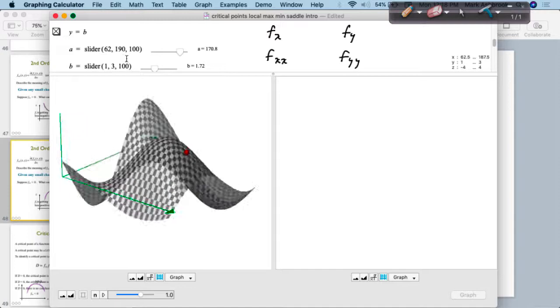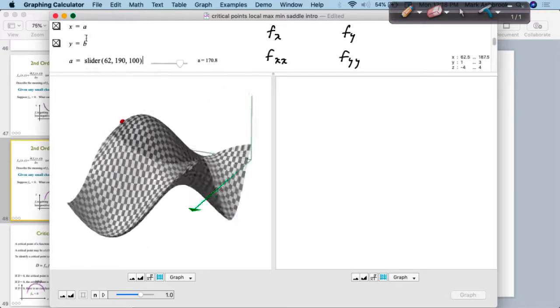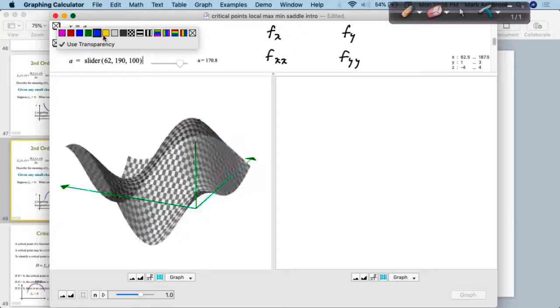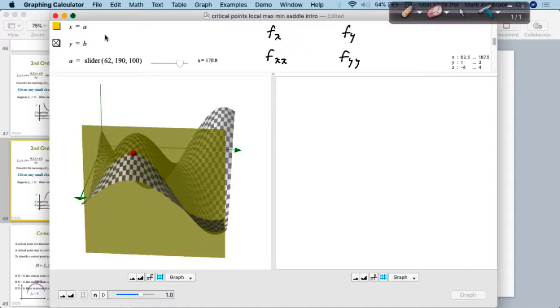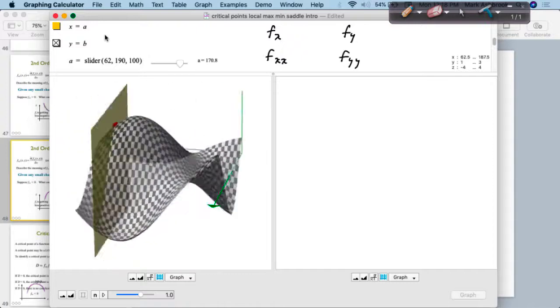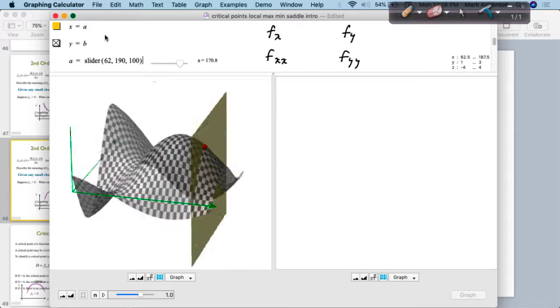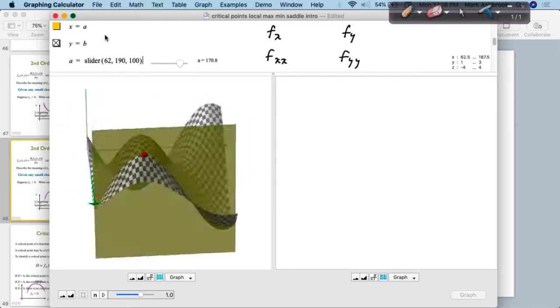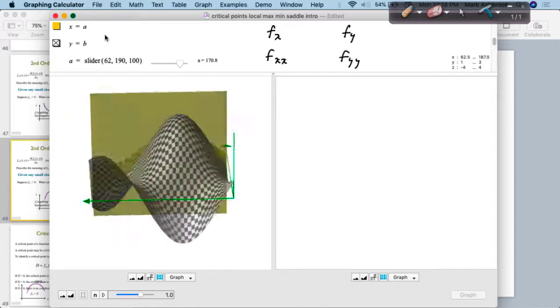Is Fy increasing? Okay, how am I helping you with this plane? Y, right? I'm holding x constant. So the first partial with respect to y is 0.